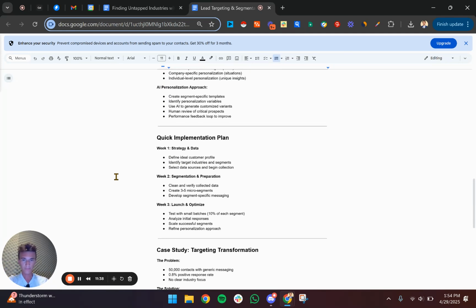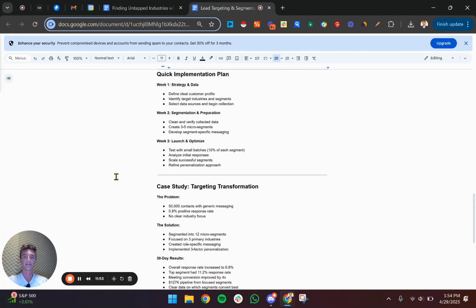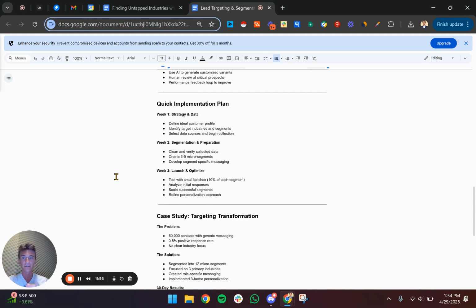So in terms of quick implementation strategies, number one, define your ideal customer. Basically, identify those key target industries and segments based on what you can define from above, like the examples I had here. From there, you want to select the data sources. Data sources being groups, tools, places they engage, different types of communities, and then you want to start scraping, right?